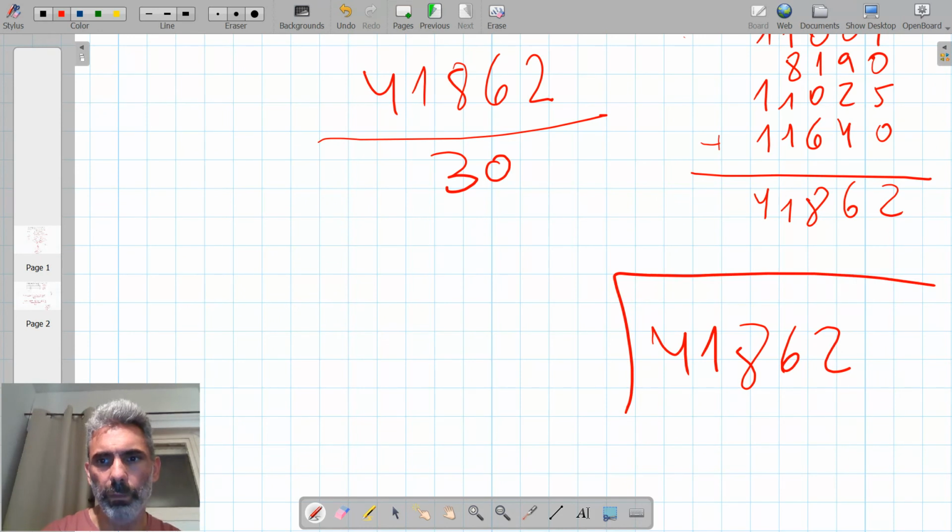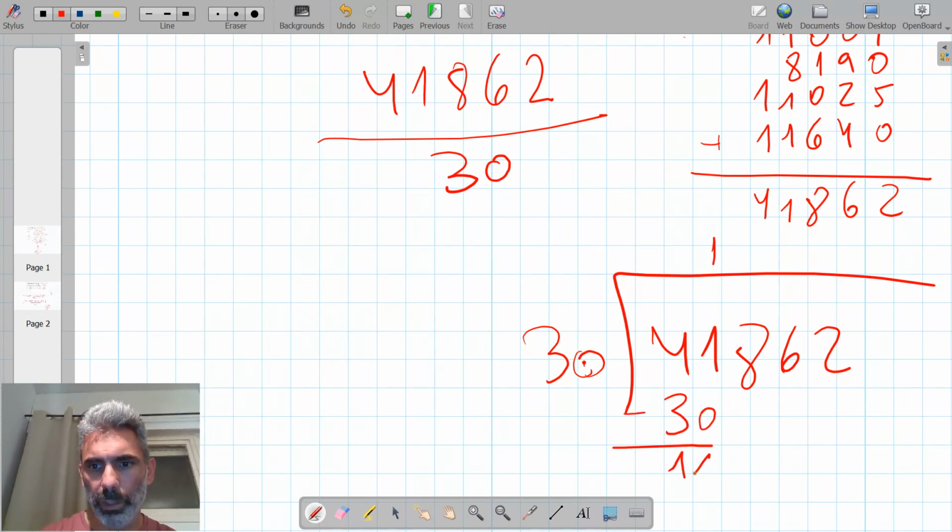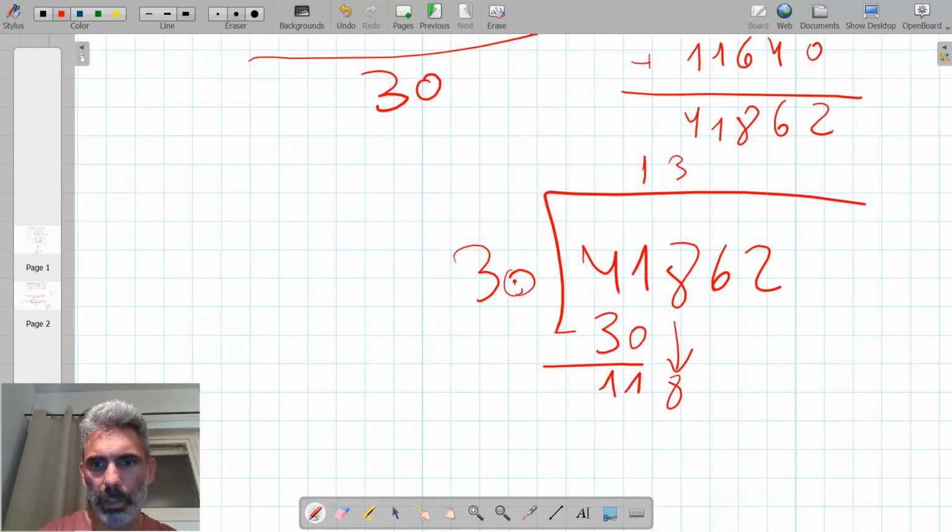41,862 divided by 30. 30 goes into 41 one time. 1 times 30 is 30. Subtract, 11. Bring down the 8. 30 goes into 118 three times, because 4 times is too much. 3 times 30 is 90.